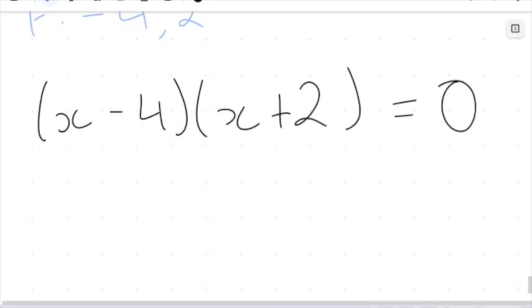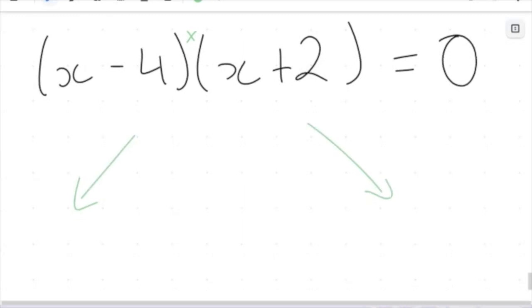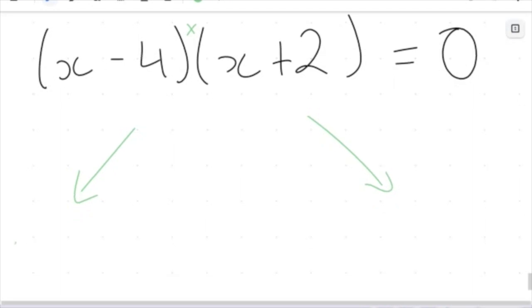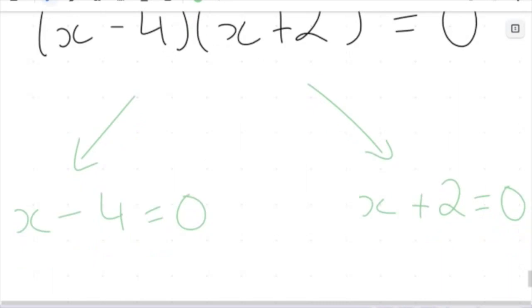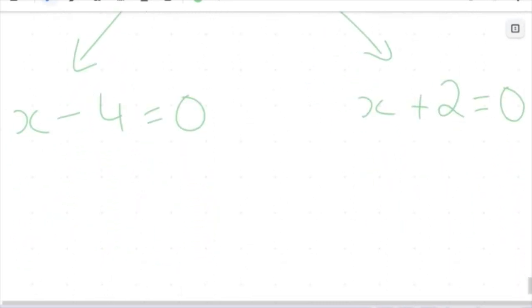And now I can use my null factor law because these are binomial products. They are timesing by one another. So we can find a value of x to make each of these expressions 0. We find solutions to my quadratic equation. So I want to find a value of x that makes x minus 4 equal to 0 and a value of x that makes x plus 2 equal to 0.